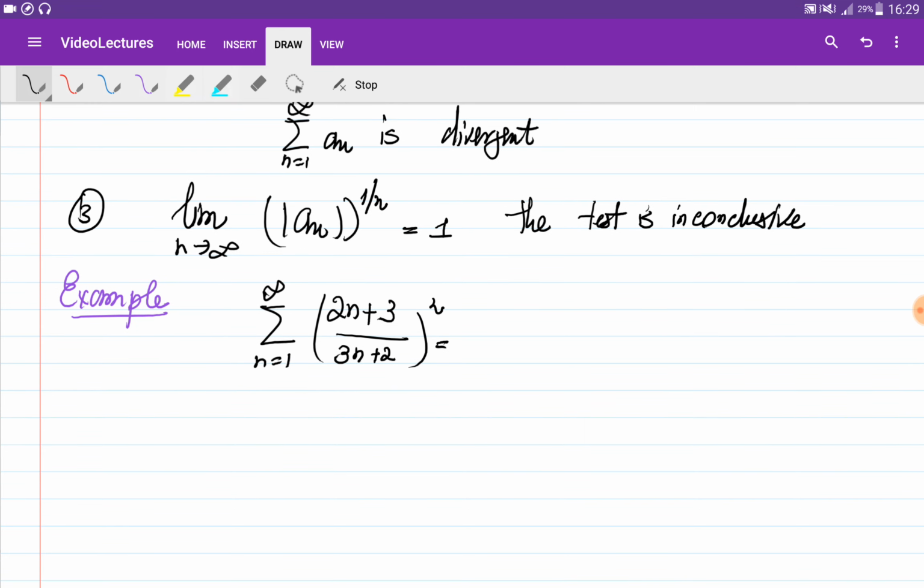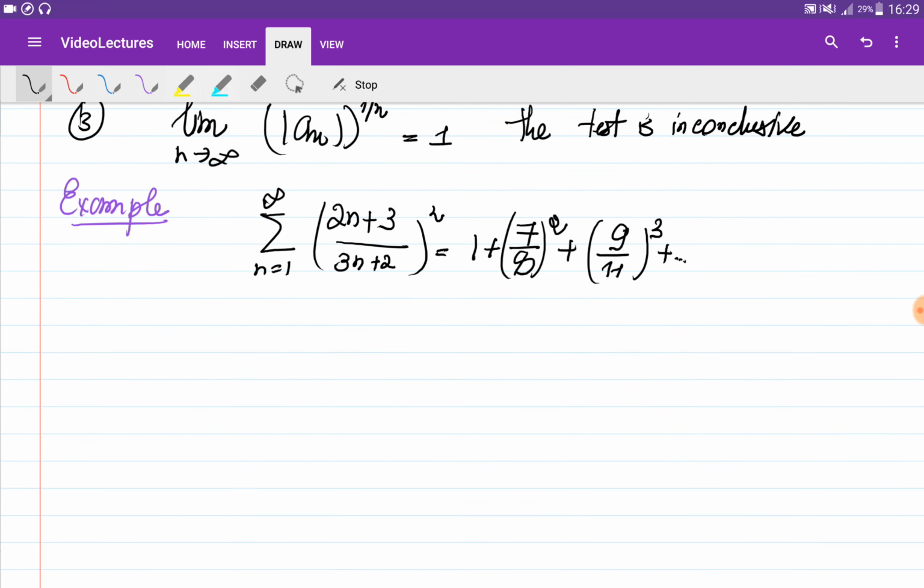If I substitute n equal to 1, it's going to be (7 plus 3) divided by (3 plus 2) to the power of 1. If I substitute 2, it's going to be 14 plus 3, which is 17, divided by 6 plus 2, which is 8, to the power of 2. Plus, if I substitute 3, it's going to be 21 plus 3, divided by 9 plus 2, which is 11, to the power of 3, and so on.